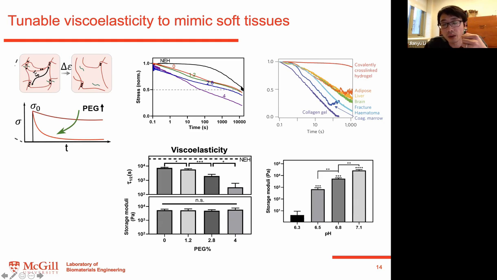Here, what I want to emphasize is that it's not only the stiffness; we also capture the whole scale of time-dependent relaxation behavior, as I show in this comparison with different kinds of tissue, like adipose, liver, brain, or bone marrow.